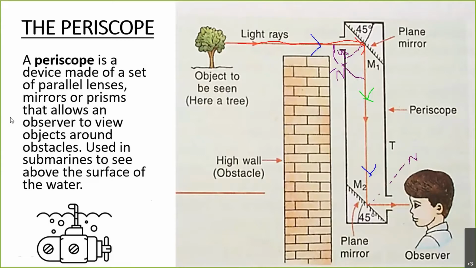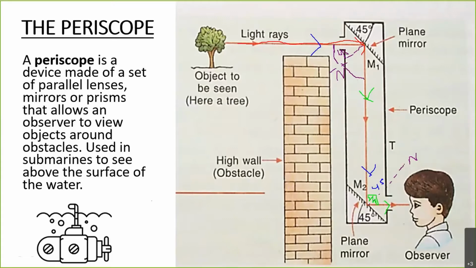So in goes my incident ray at 45 degrees, and then it's reflected again at 45 degrees. And so we get another full 90-degree turn. And so the light is able to reach the observer without him having to move from his spot at all.